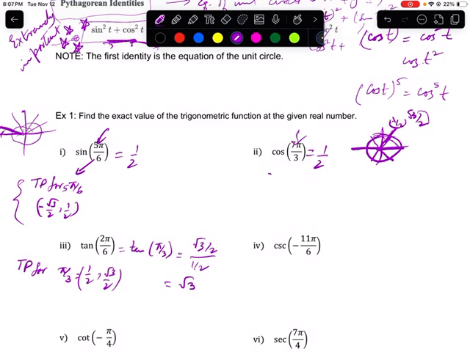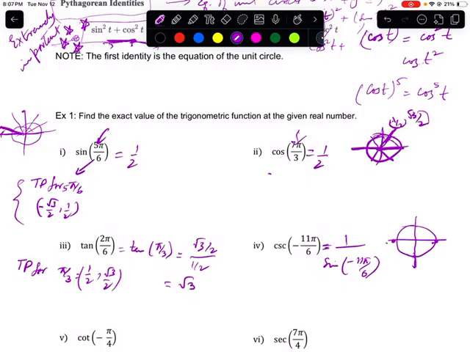Okay, now we have cosecant of negative 11 pi over 6. Okay, the first thing I will try to do is rewrite it as 1 over sine of negative 11 pi over 6. Okay, but where will negative 11 pi over 6 be? So we are starting here and we are going in the negative direction, or the clockwise direction. So from here till here I have 6 pi over 6, right?